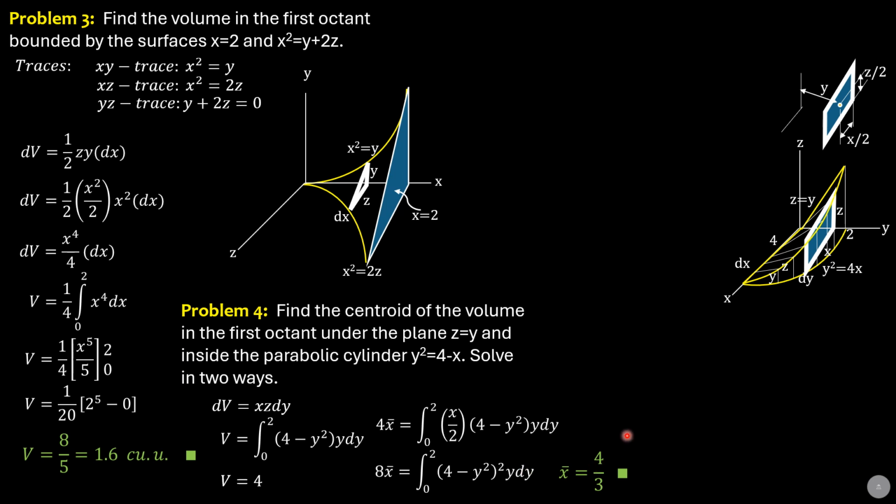Then for barred y, y sub c is just y. So 4 times barred y is equal to integral of y sub c dV, and y sub c is just y. 0 to 4 of y sub c, which is just y.